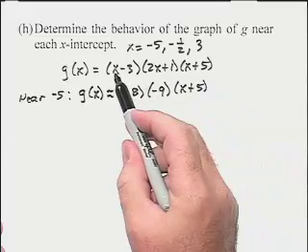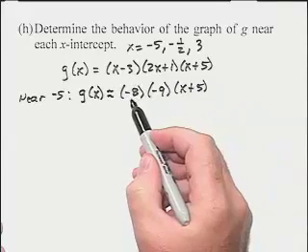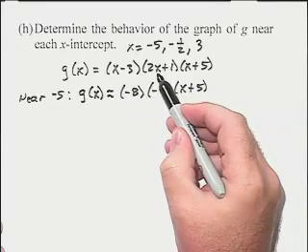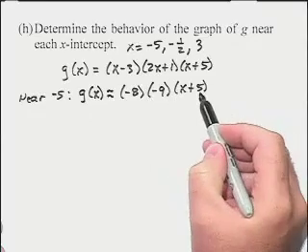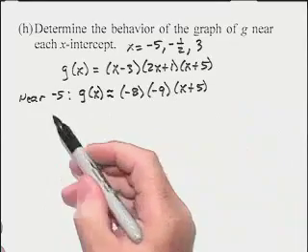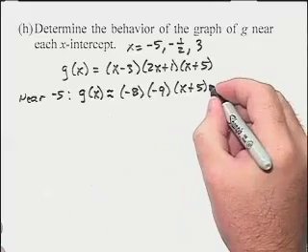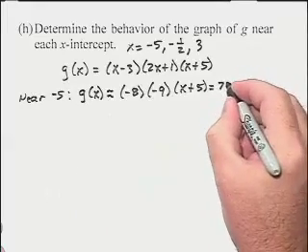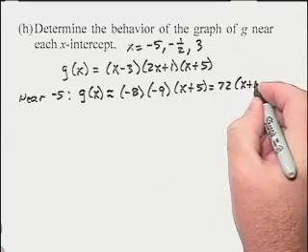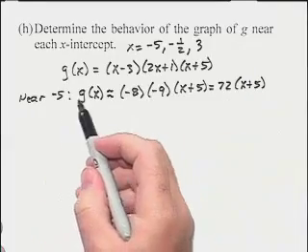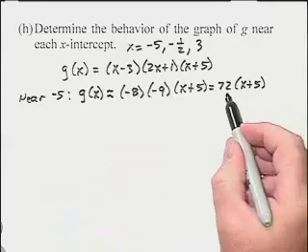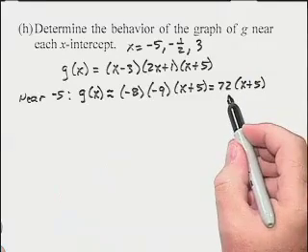If we put in negative 5 for x, negative 5 minus 3 is negative 8. 2 times negative 5 is negative 10, plus 1 gives us negative 9. Again, we're not using the x plus 5 factor because we're looking at what happens near negative 5. This is equal to 72 times x plus 5. So near negative 5, the graph of g will look like a line with slope 72.